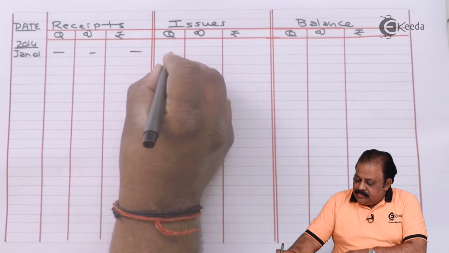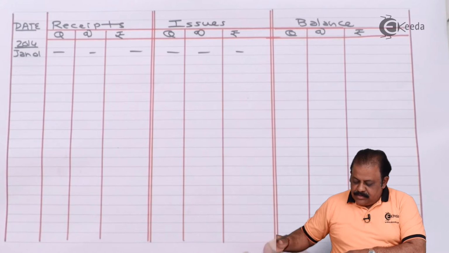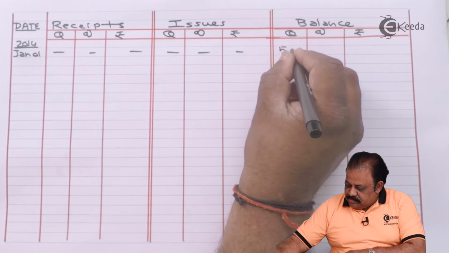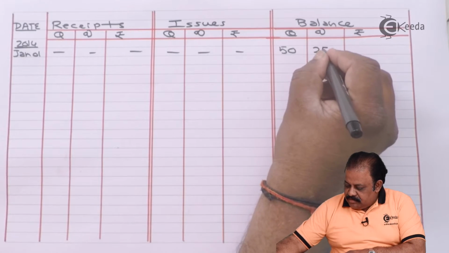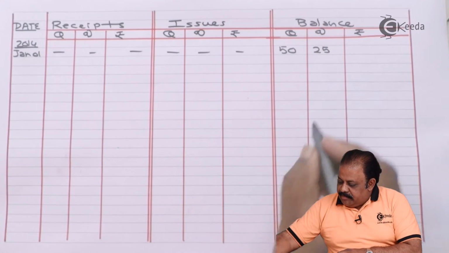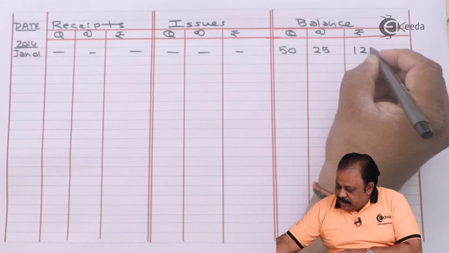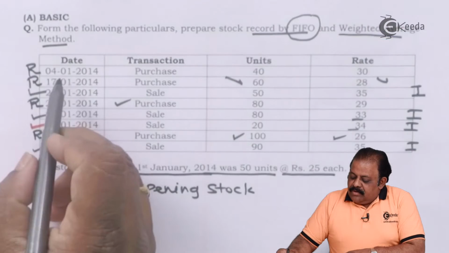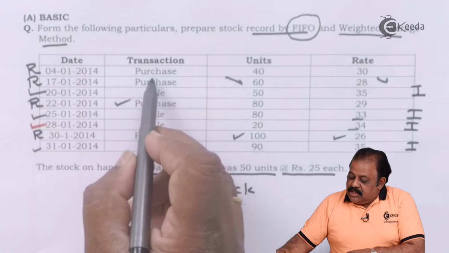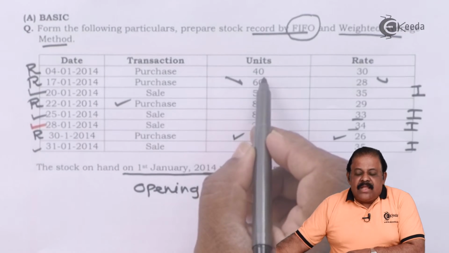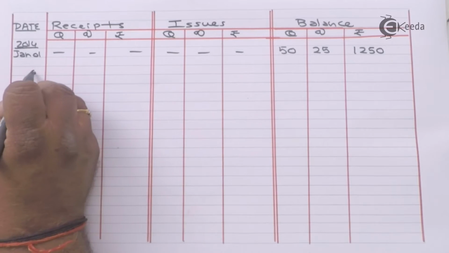Opening balance 50 units at the rate of 25 each. So it will be 1250. On 4th January, there is purchase of 40 units at the rate of 30.